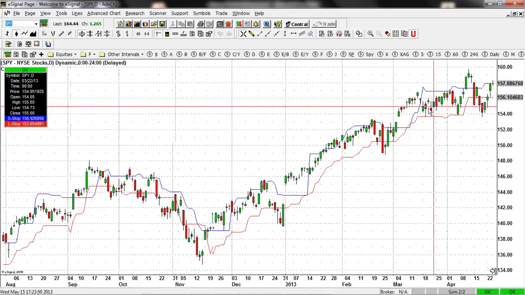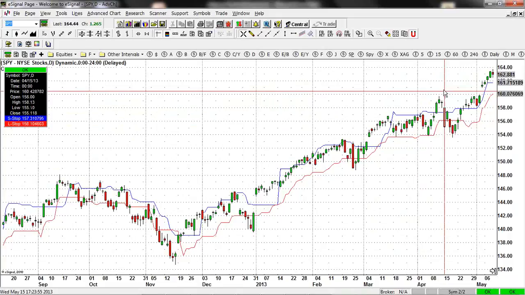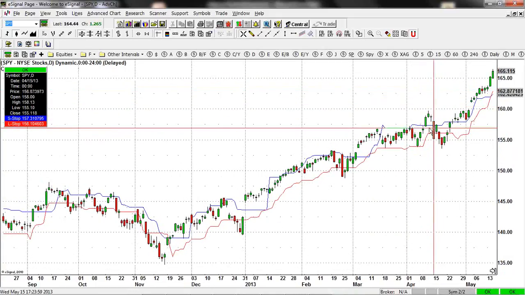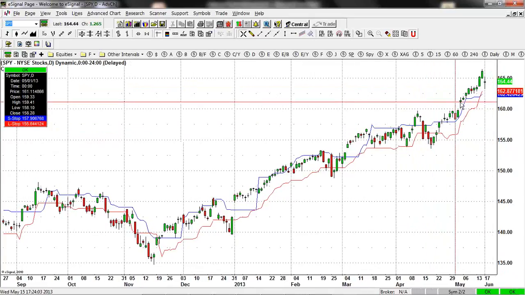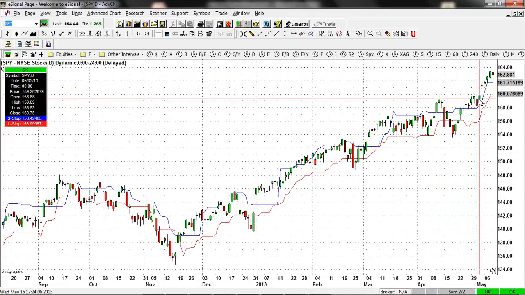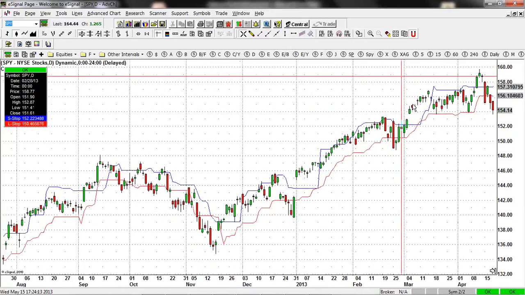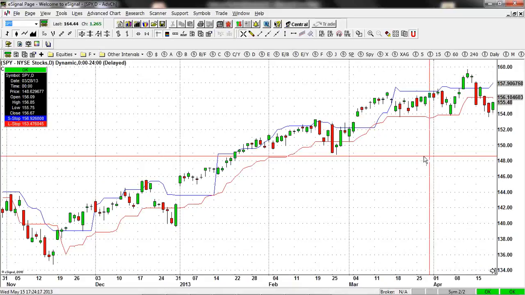Another buy signal. You'd have been up again up to this point here in May. So as I said before, do not be afraid to re-enter the market. And this will definitely be a harder trade to take.